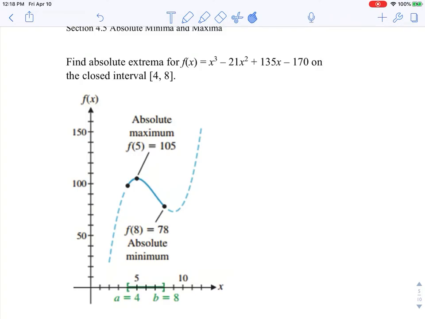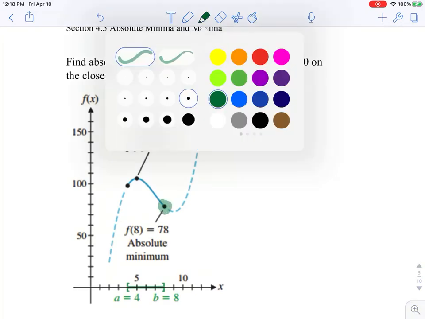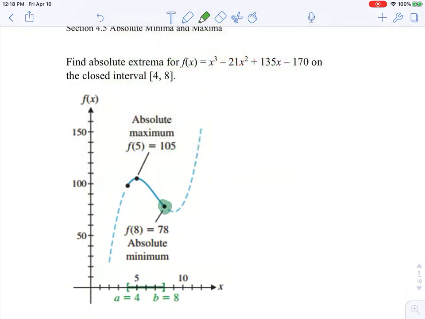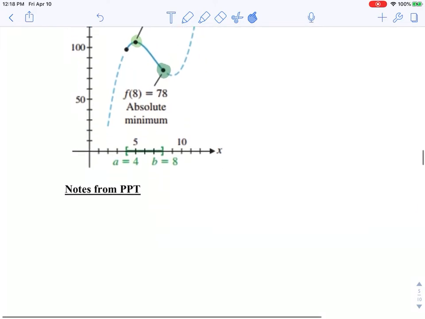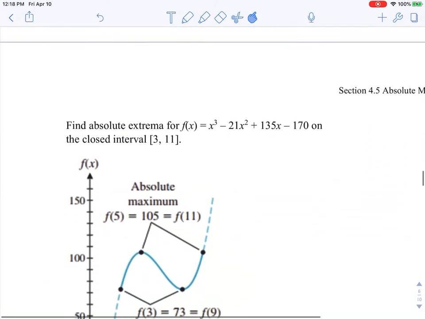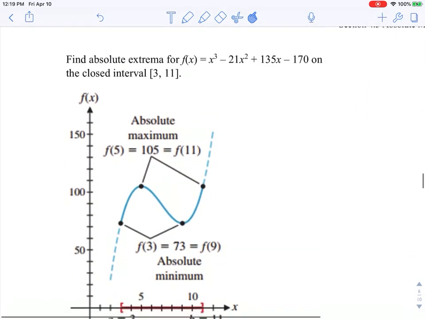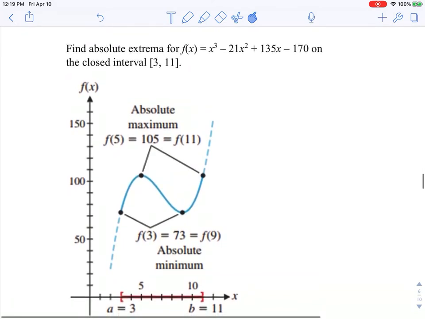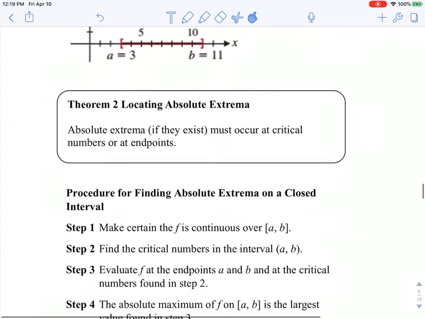Close the interval even more, and we have a shifted absolute min and absolute max. We can have more than one absolute max and more than one absolute min.